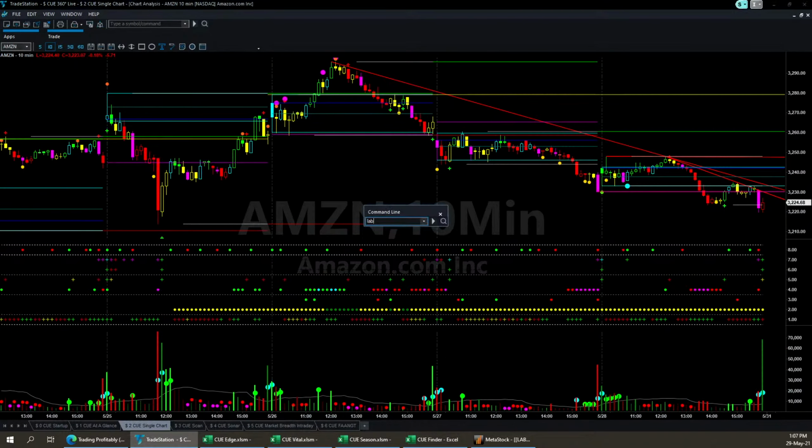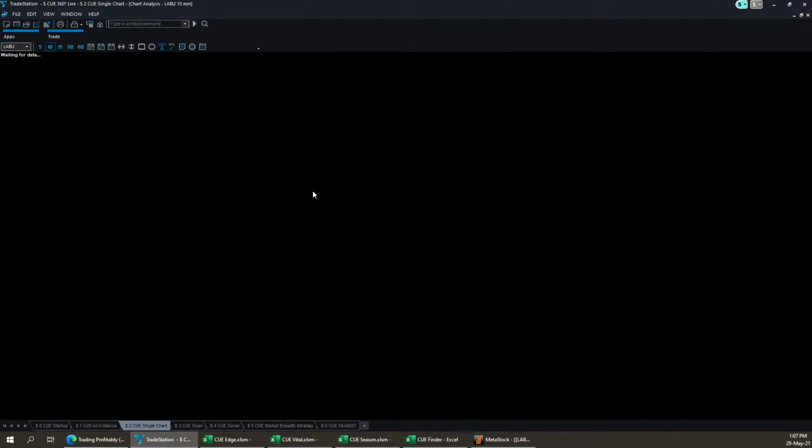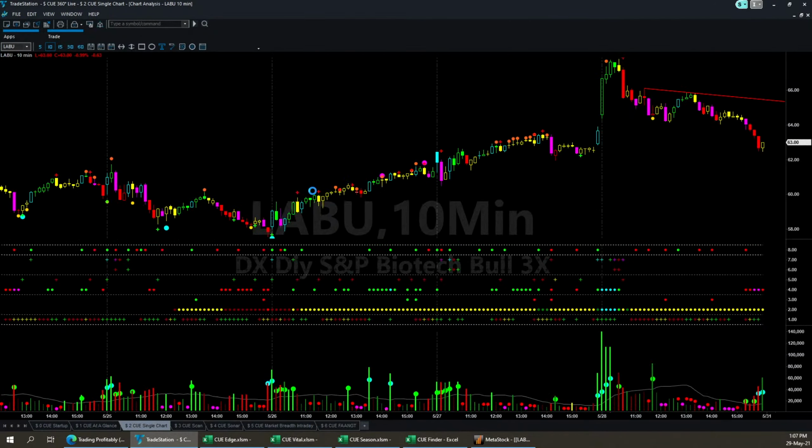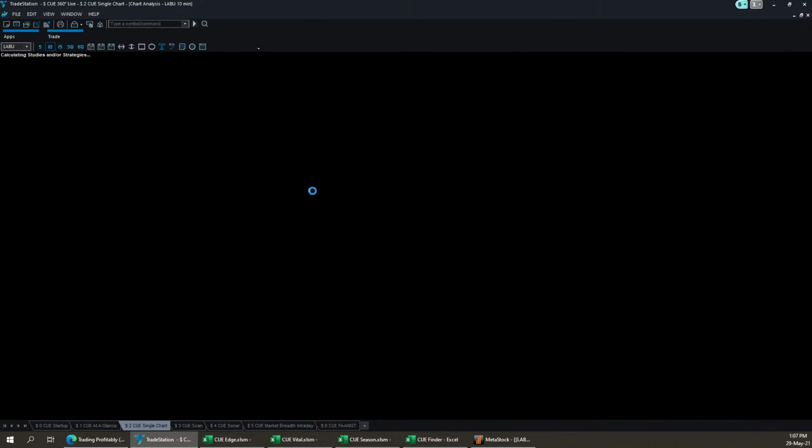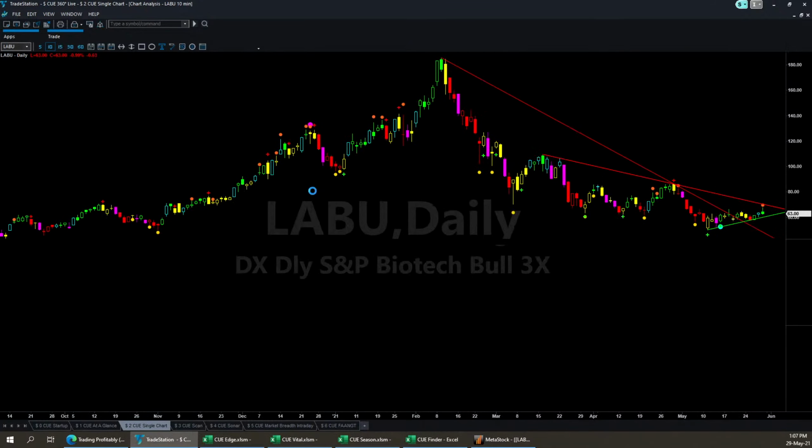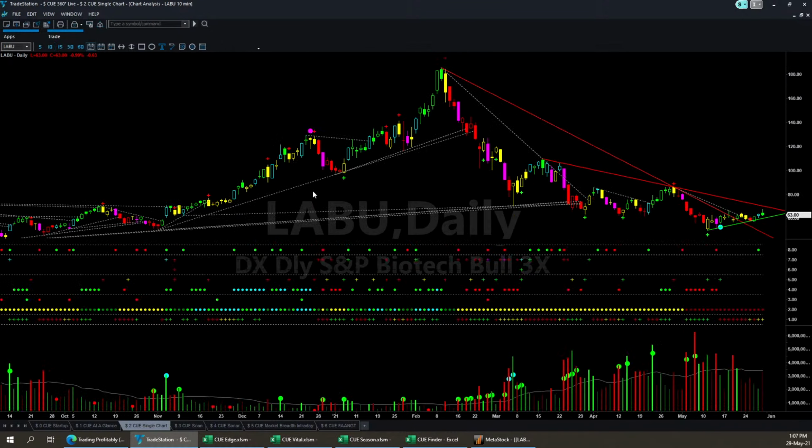Look at Labu with the historical memory trend lines. Why I am following Labu is because biotechs were underperforming for a long time. And see, on Wednesday, it broke out of one trend line resistance. And it was inside a squeeze, Q squeeze.